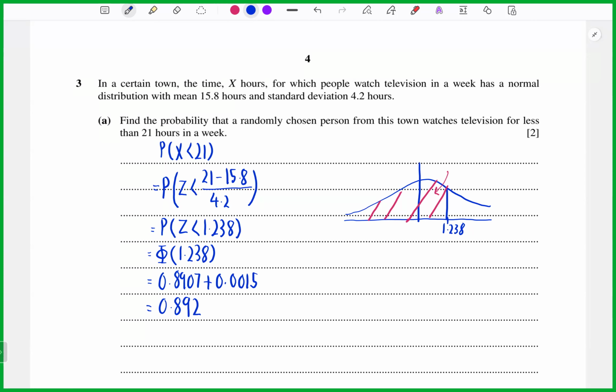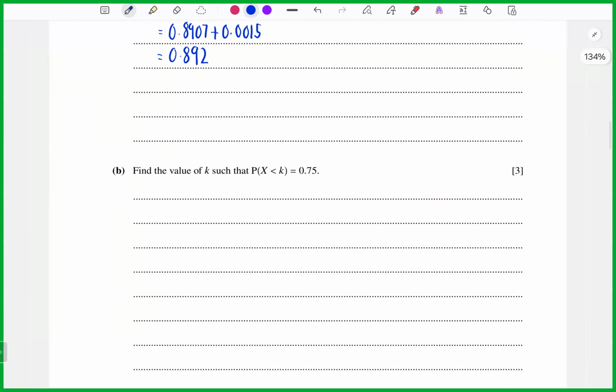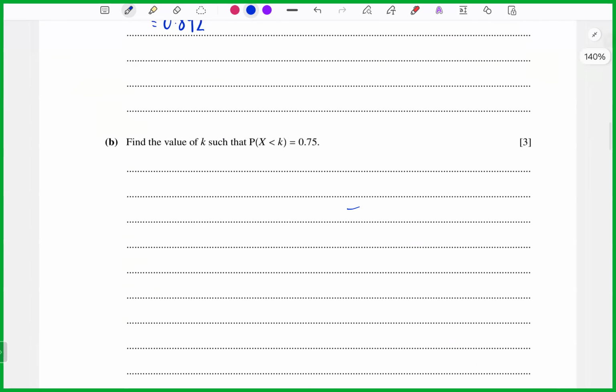Okay, let's go into the next question. B, find the value of K such that P(X less than K) equals 0.75. We can sketch the graph here. You see two pieces of information here: this is more than 0.5, right?